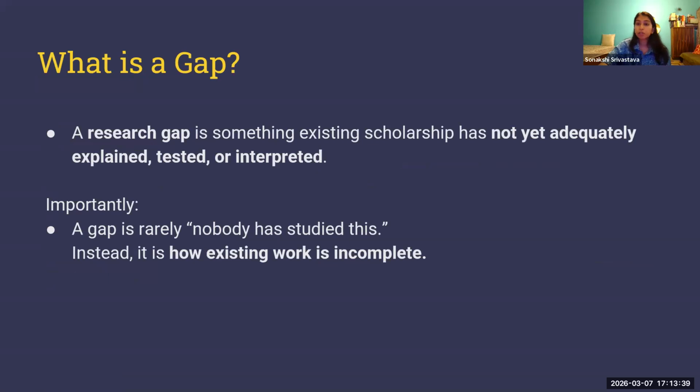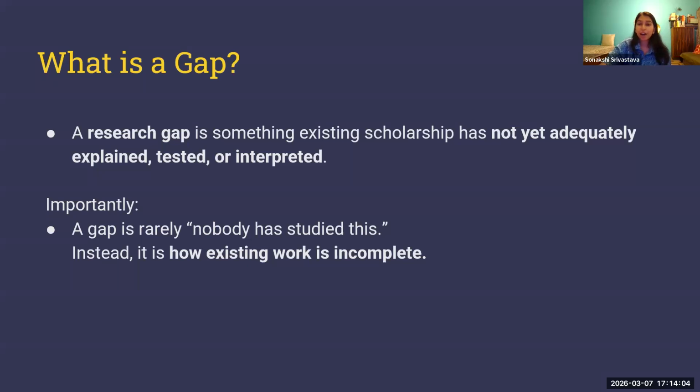Now, an introduction also addresses a research gap. Now, what is a research gap? A research gap is something existing scholarship has not adequately explained, tested, or interpreted. Do remember that a gap is not always, and is rarely, nobody has studied this.